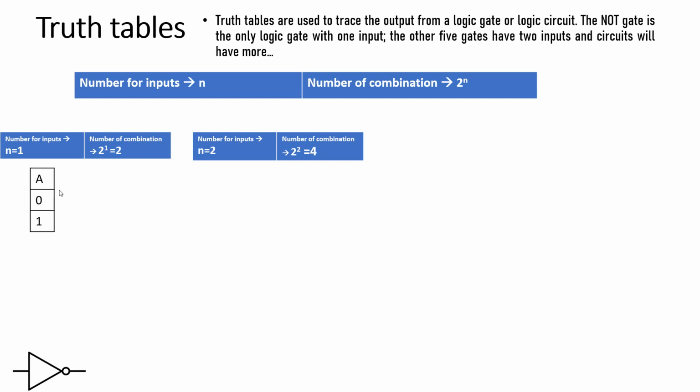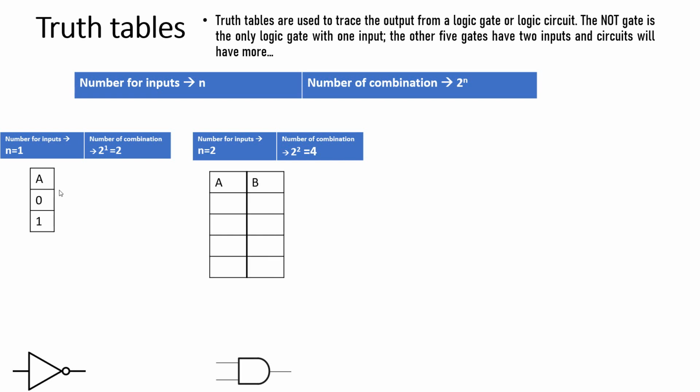Right? Then if you have 2 inputs, it will be 2 raised to 2, that is equal to 4, right? The gates such as AND, NAND, OR, NOR, all these have 2 inputs. So let's say, for example, A and B. To write the combinations of outputs, you start with the last one.